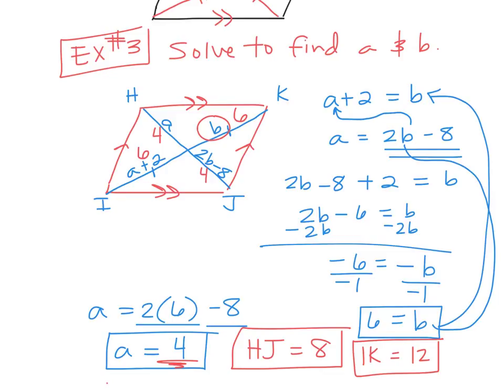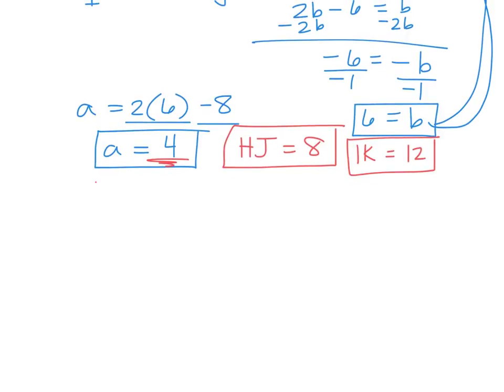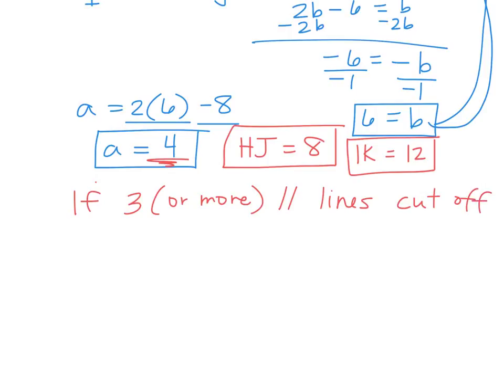Okay. Then our second theorem is theorem 6-7. Again, I don't need you to know a number, but I'm going to write this one out because it's a little bit different. This one says if 3 or more parallel lines cut off congruent segments on one transversal... What's a transversal?